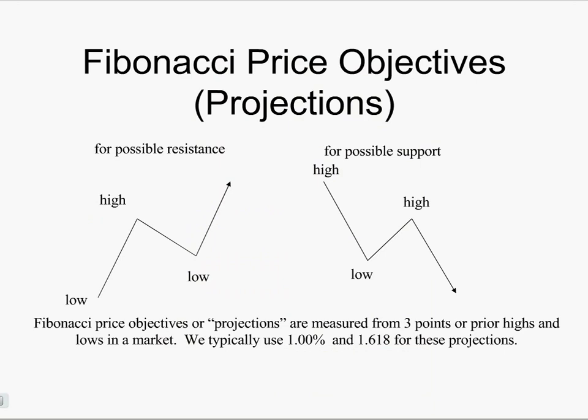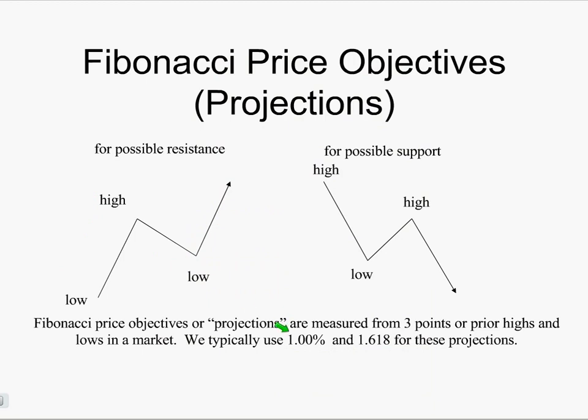Okay, Fibonacci price objectives or projections. Okay, this is where we're going to use the three-point tool. So here you would be measuring a prior low to high swing and then projecting from another low. So you need to be able to choose 3 points in the program.